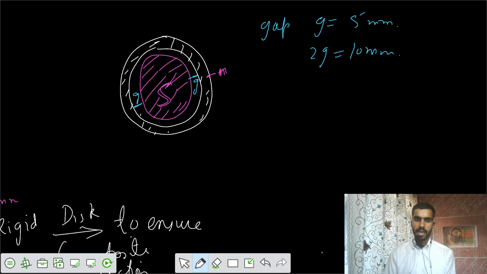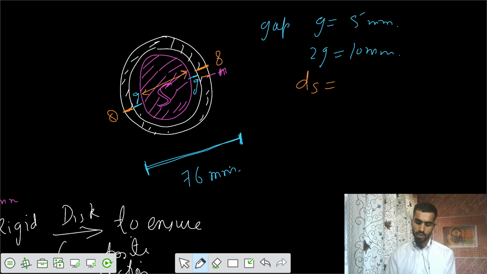If I take the entire diameter of the composite section, the entire section is equal to 76 millimeter. And out of that, we had the thickness of tube that was given to you, 8 millimeter. This was your 8 millimeter. This is also 8 millimeter. And the diameter of steel would be equal to 50 millimeter.